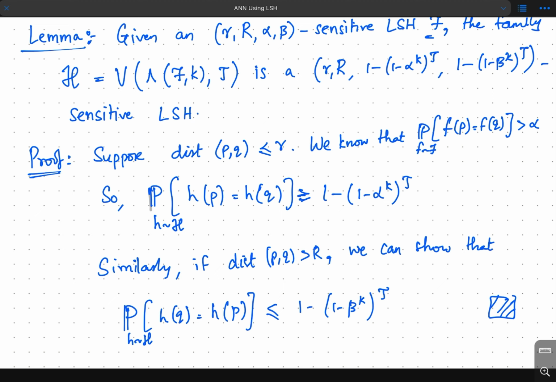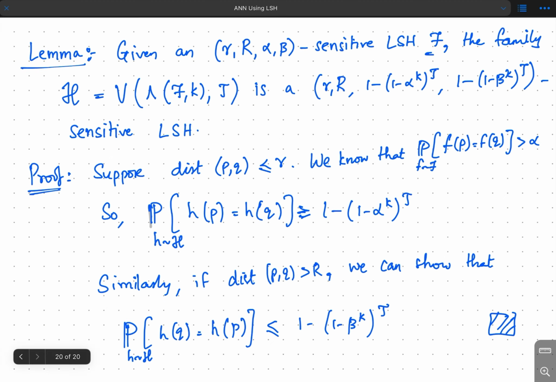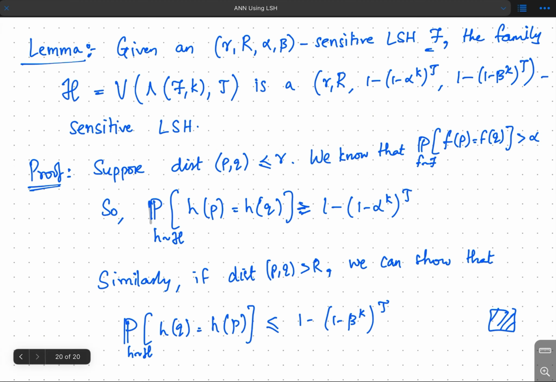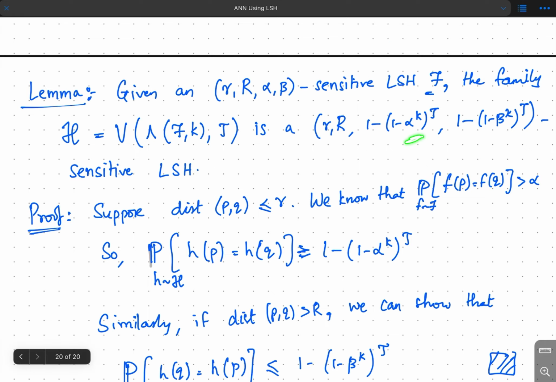Alright, so this shows that the new family that we constructed, this H, is a locality sensitive hash family. Okay, so now we'll see if the criterion that we want can be satisfied by choosing appropriate values of k and tau.